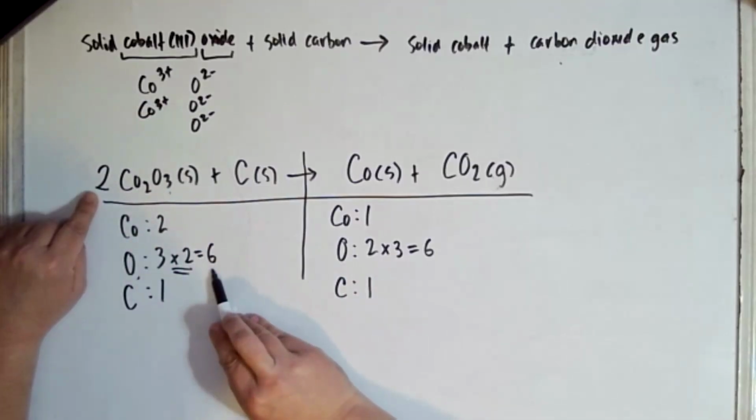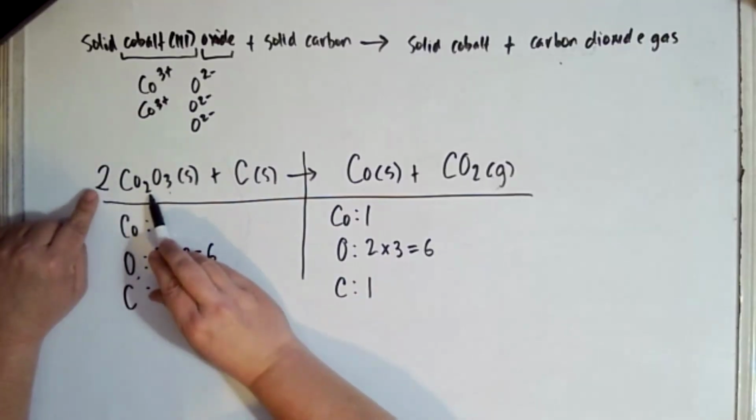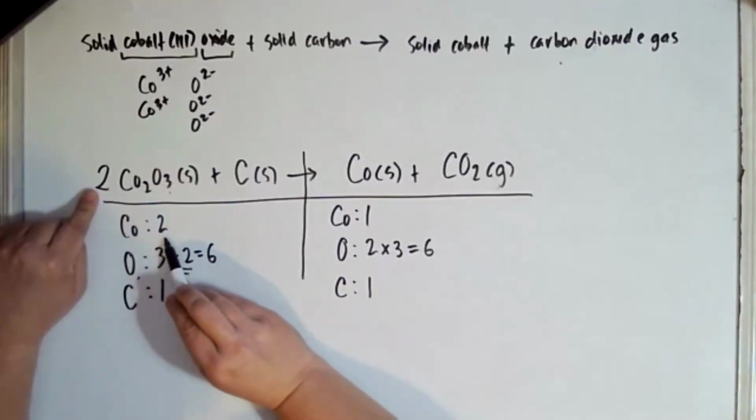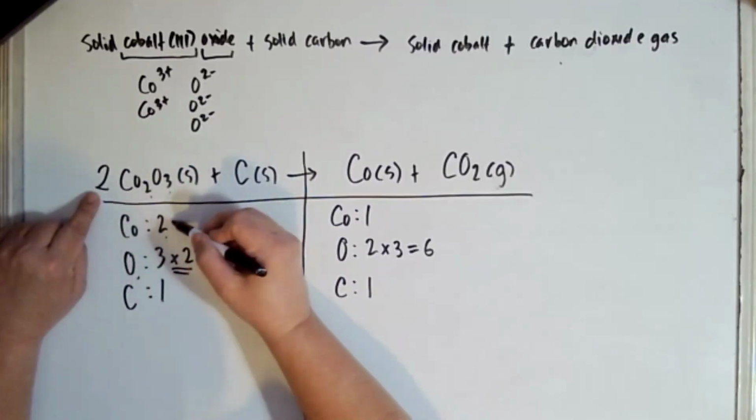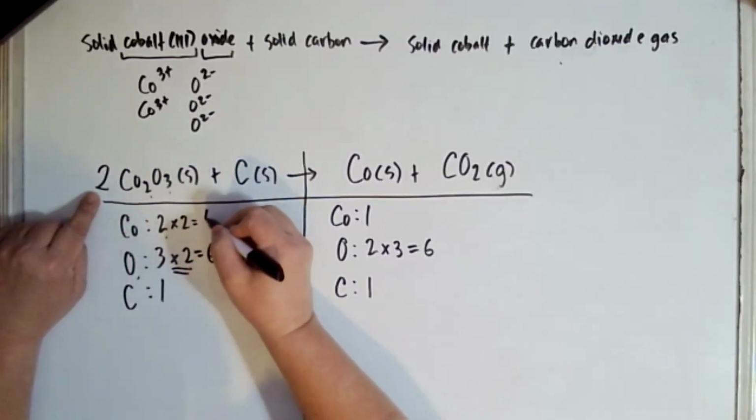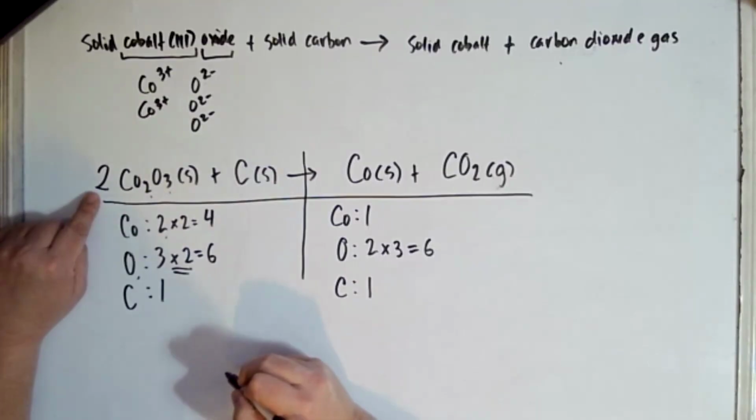When I put that 2 out in front, though, I'm also going to change the number of cobalts I have. So now instead of just having 2 cobalts, I'm going to have 2 times 2. I'm going to have 4 cobalts.